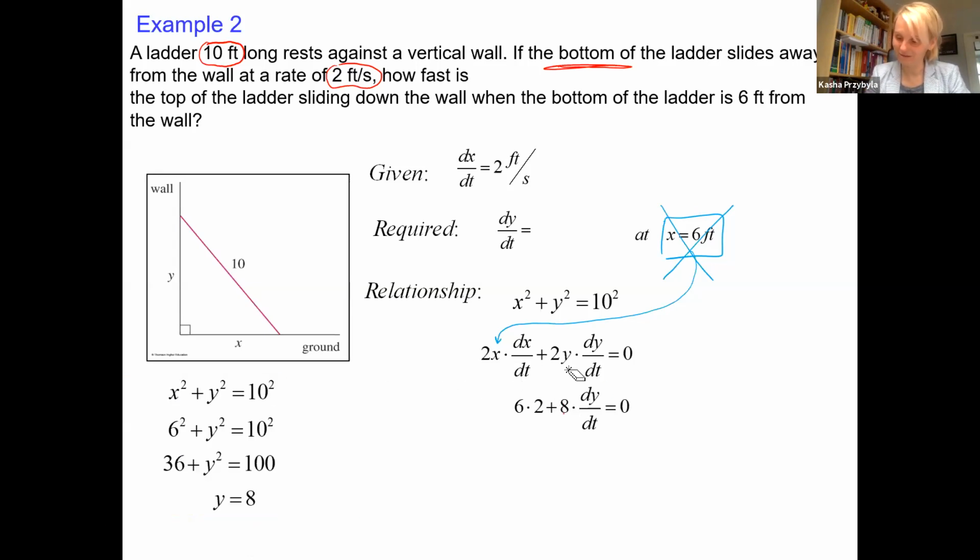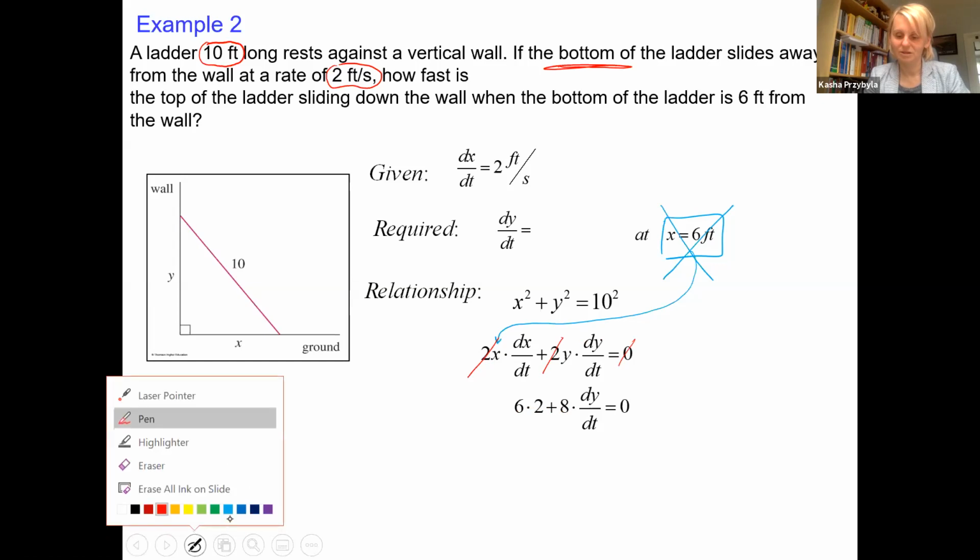What I did, I divided both sides by 2. When I divide the equation by 2, 0 divided by 2 is still 0. You can see my 2 is missing.